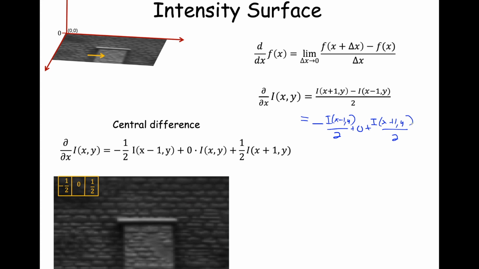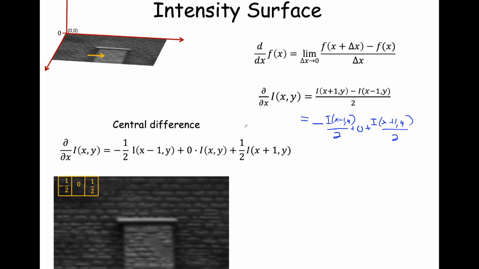If we organize those terms, we can re-express our partial derivative along the x scan line as minus 1/2 I of x minus 1 comma y, plus 0 times I of x y, because 0 times anything is 0, plus 1/2 I of x plus 1 comma y.